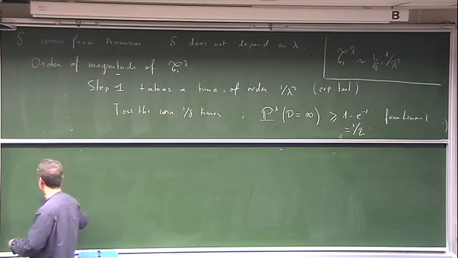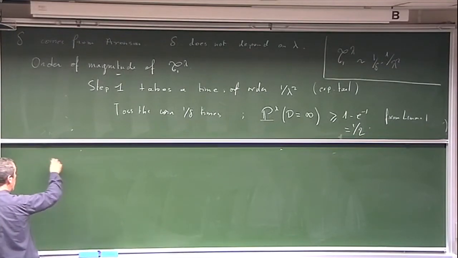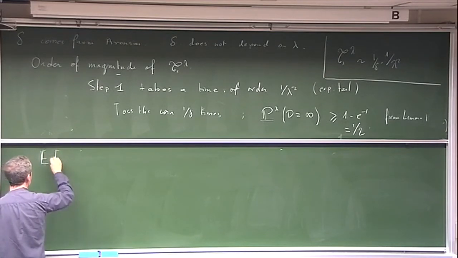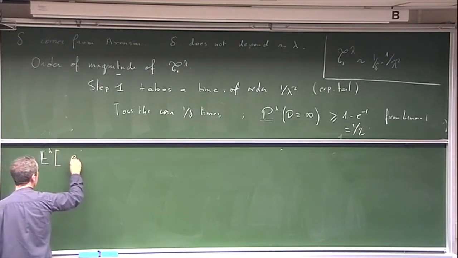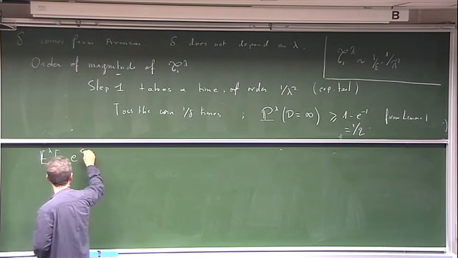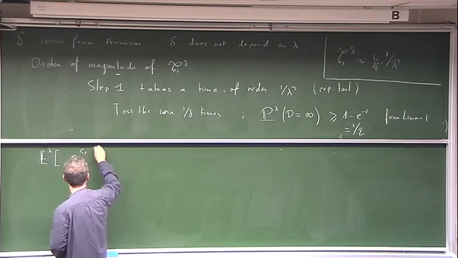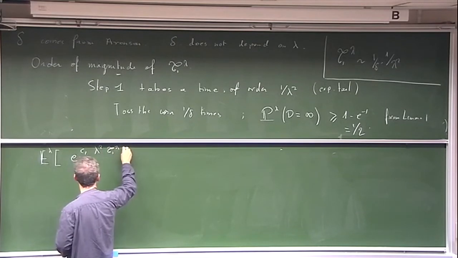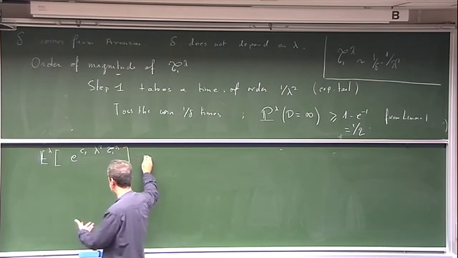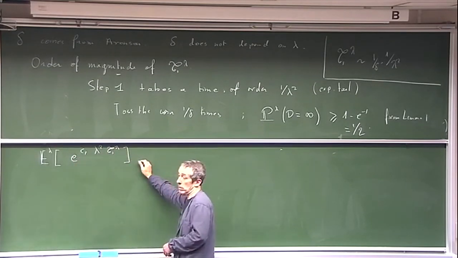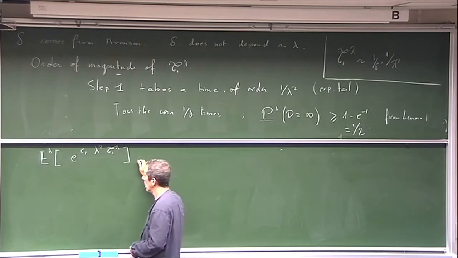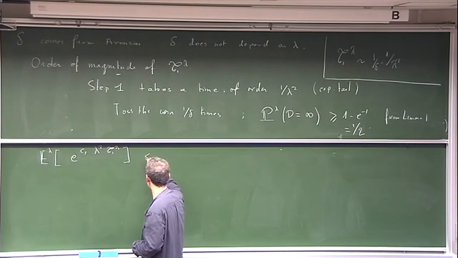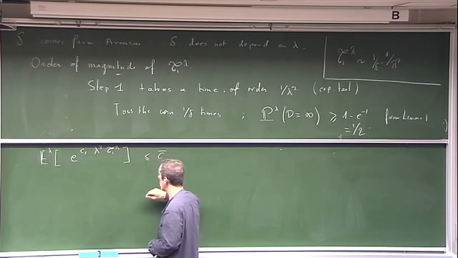With some exponential tails. So this is one lemma I stated last time, but if you look at some exponential moment of lambda square times tau 1 of lambda, then this will be finite, but not only finite, it's uniformly bounded in terms of lambda, so this will be less than some constant.